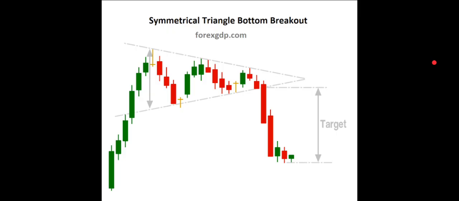So all these patterns and shapes, you are going to master them. If you open your chart, you can check the trend, whether it's going up or going down.